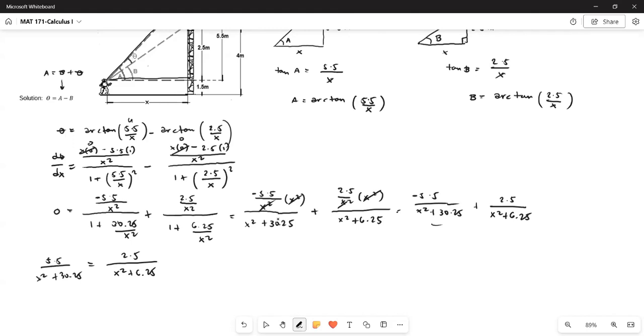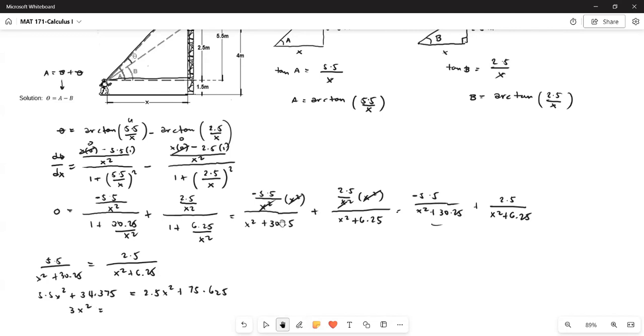Cross multiply, yung 5.5 natin, multiply natin sa x squared plus 6.25, we will have 5.5 x squared plus 34.375 equal to 2.5 cross multiply, then x squared plus 75.625. Ayan, to simplify na natin, we have 5.5 minus 2.5 is 3x squared.